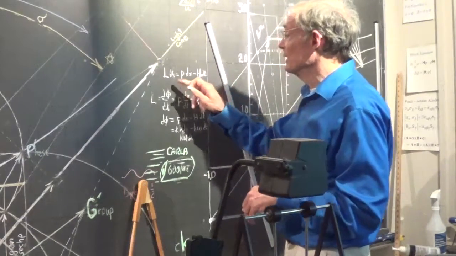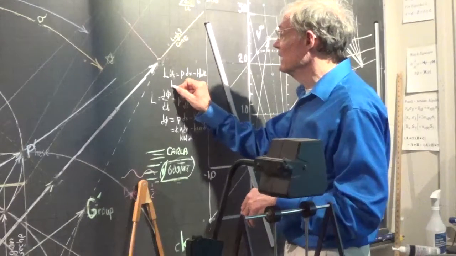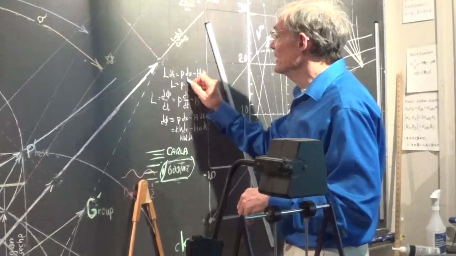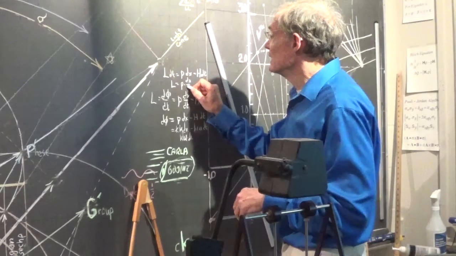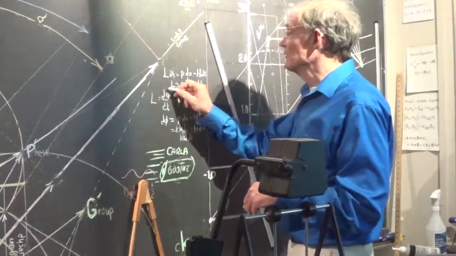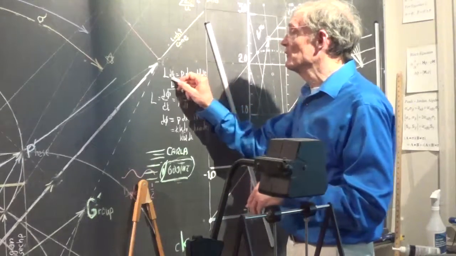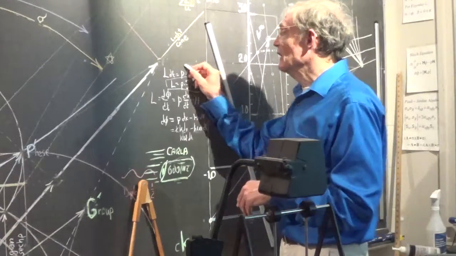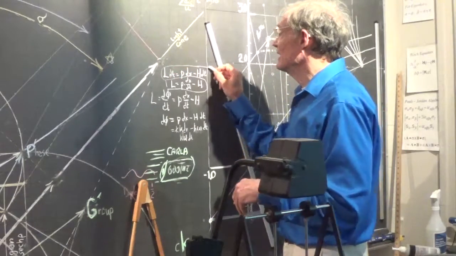Okay, so if I divide by dt, I get L equal P dx/dt minus H. That's the Legendre transform right there. This is the Poincare action right there.